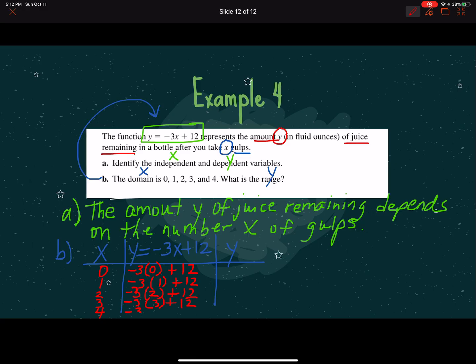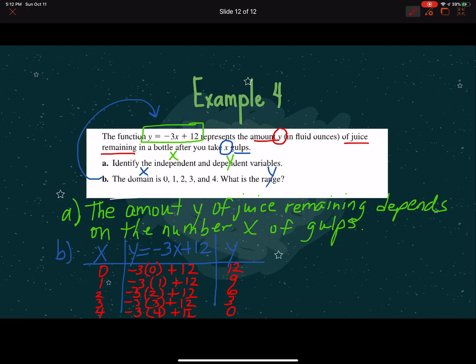And lastly, we have negative 3 times 4 plus 12. And you can take and put each one of those into your calculator. So when x is 0, y is 12. When x is 1, y equals 9. When x is 2, y equals 6. When x is 3, y equals 3. And when x is 4, y equals 0.